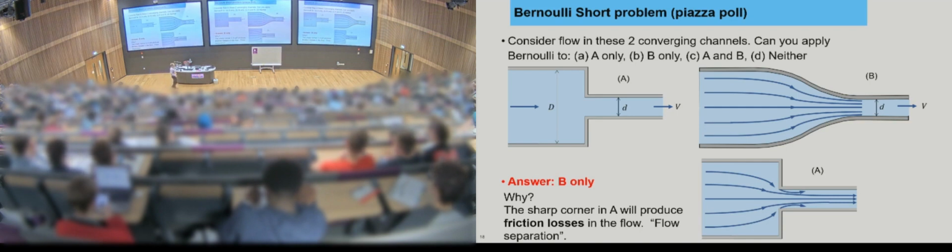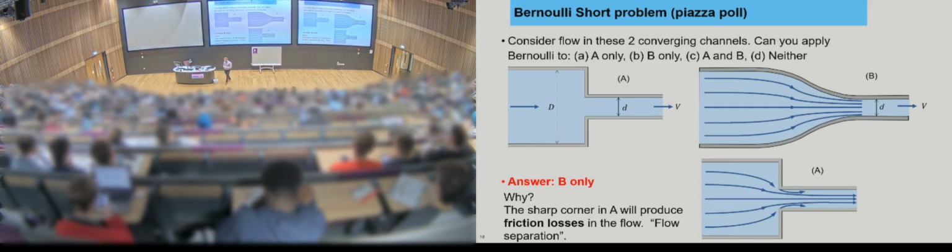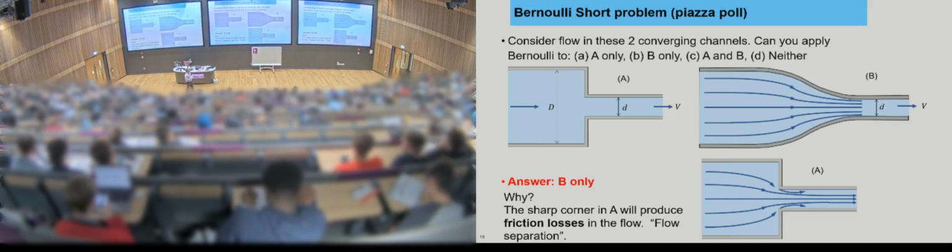But in the case of A, it's very clear that we're going to get friction losses here at this corner, and this is going to induce a phenomenon called flow separation. And we will come back to flow separation later. It's one of my favorite things in fluid mechanics, is the study of flow separation. So if you chose just B, that's very good. All right, well done.